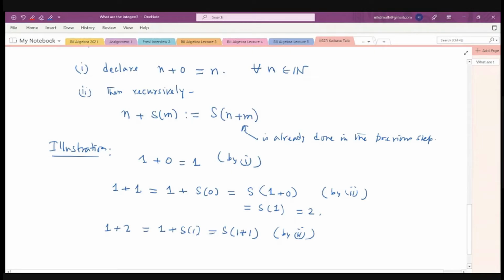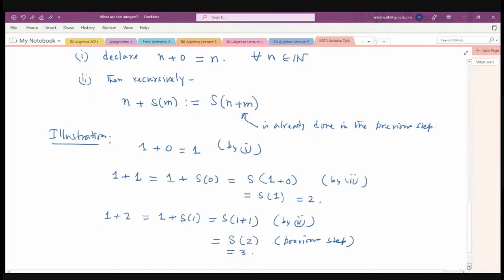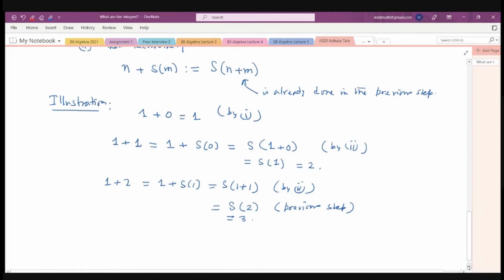That's what I am saying, that this is a recursive definition. So this is s of 2, because it is done by the previous step. This is 3 and so on. So you have learned addition. You have learned natural numbers, and now you have learned addition of natural numbers.